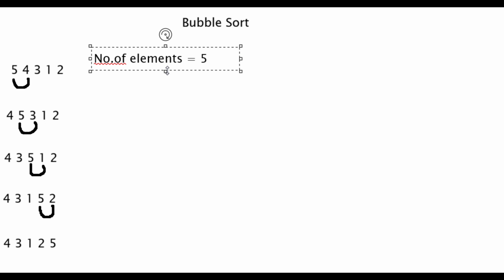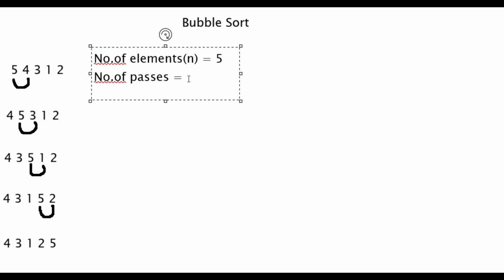So we are going to check the number of passes. The number of passes depends on the number of elements. Let the number of elements be n. So here we are going to check n minus 1.